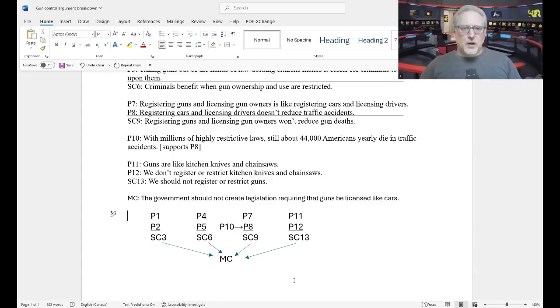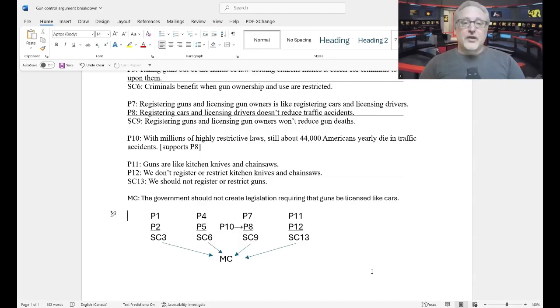Will you have to draw an argument diagram for your argument reconstruction assignment, which is due next week? Well, you will have to if you think that it is necessary in order to clearly represent how the different parts of the argument fit together. Or to put that another way, you will have to if the argument is sufficiently complex, if there are more complicated relations than you see here.